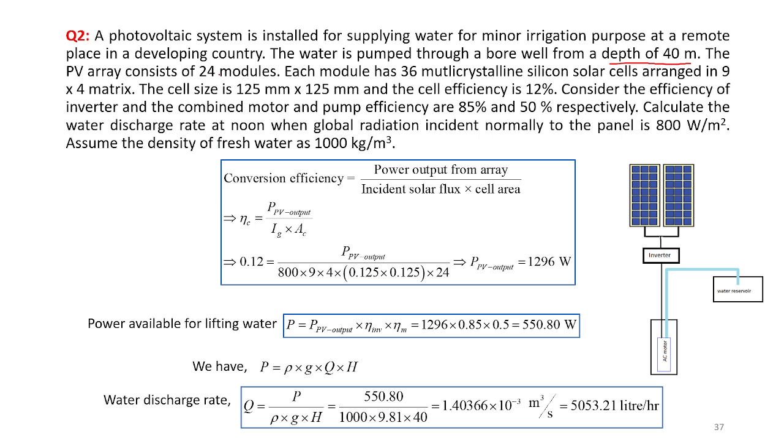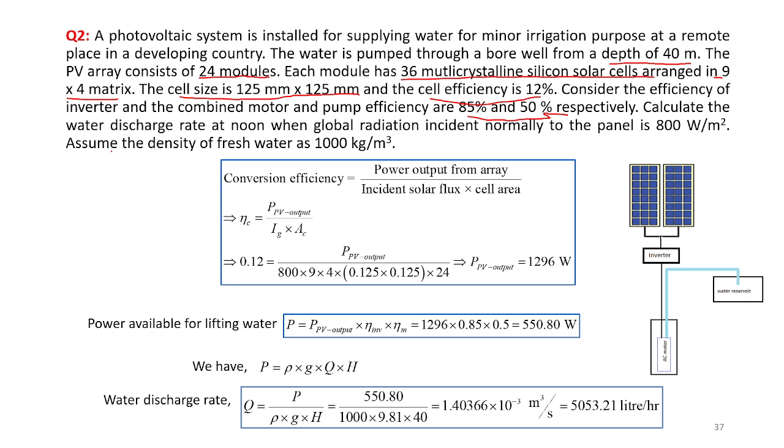The PV array consists of 24 modules, and each module has 36 crystalline silicon solar cells arranged in a 9 cross 4 matrix. The cell size is 125 cross 125 millimeter, and the cell efficiency is 12%. Consider the efficiency of the inverter and the combined motor and pump efficiency as 85% and 50% respectively.